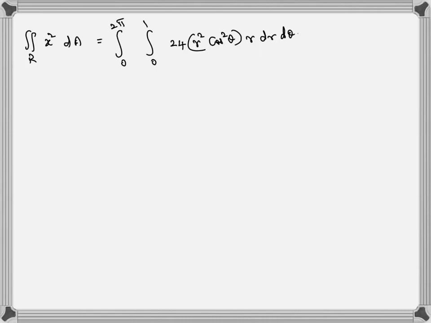So inside the integrand, it is going to be x squared, u squared. So we have 24u squared. That u squared changes to r squared cosine squared theta. So it's going to be 24 r squared cosine squared theta. Then dA changes to r dr d theta.